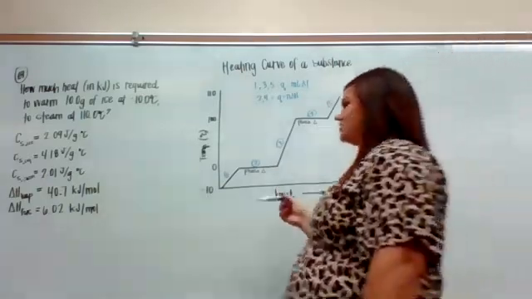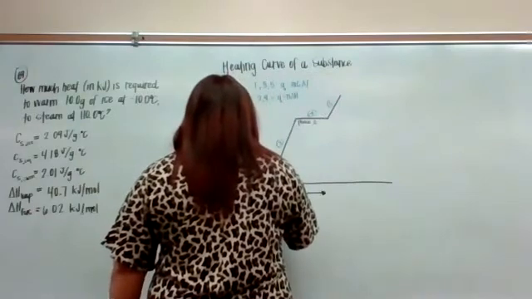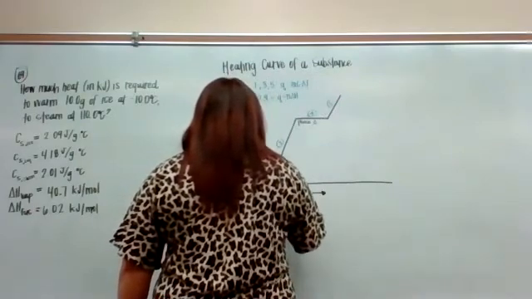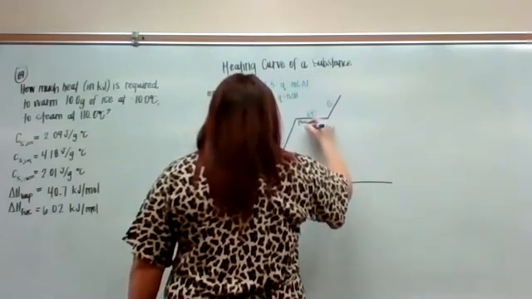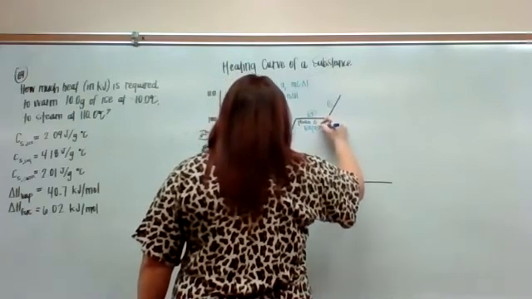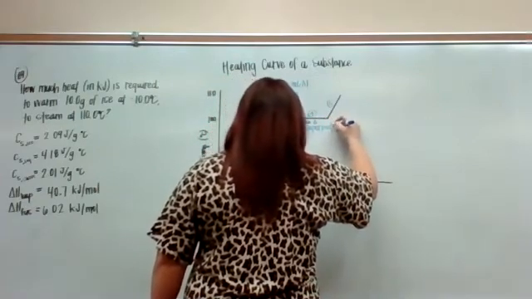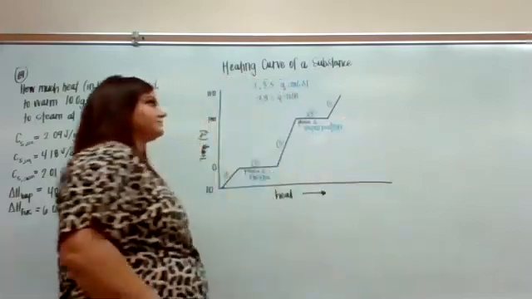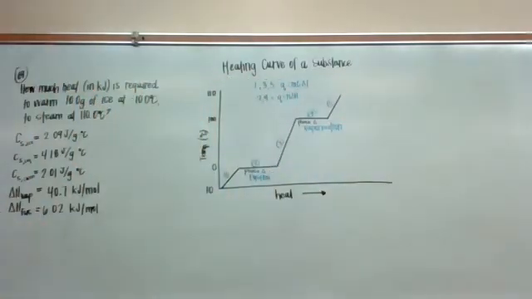Here, it would be the delta H of vaporization. So you have to do 5 different problems, then you have to add them all up. And that will give you the amount of heat required to warm 10 grams of ice.